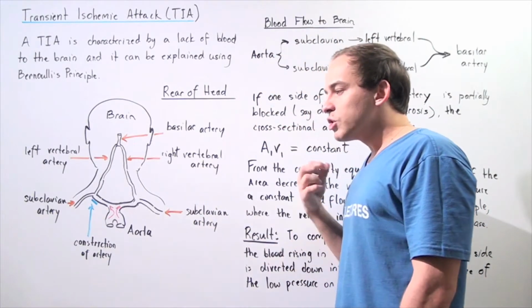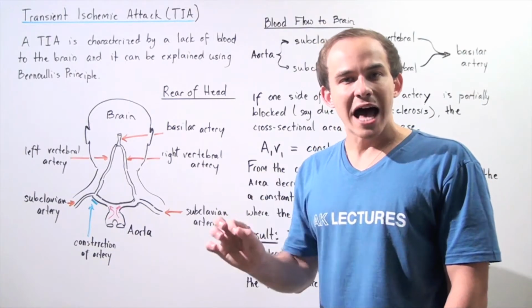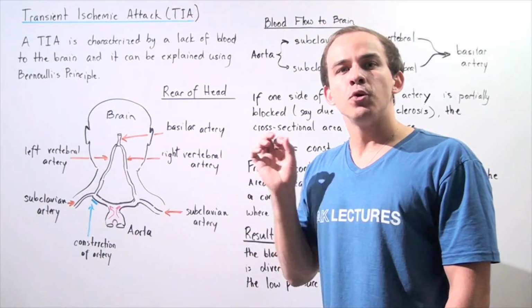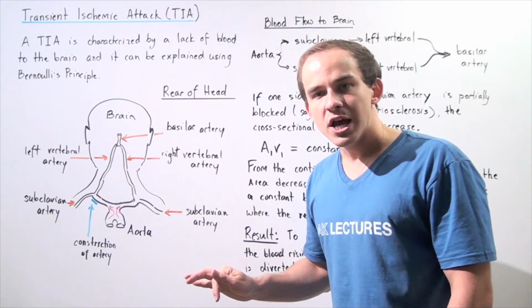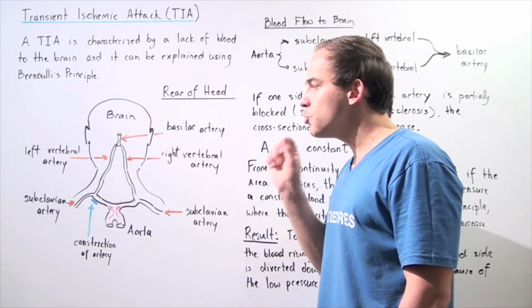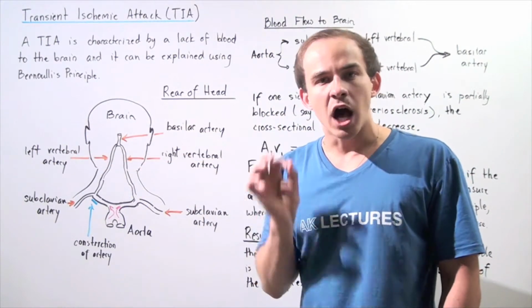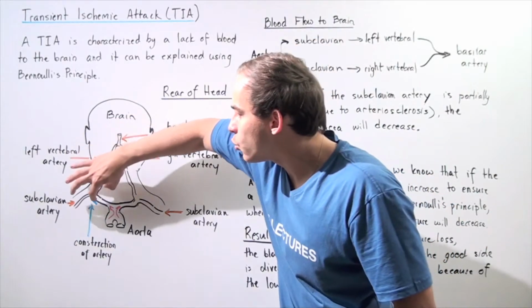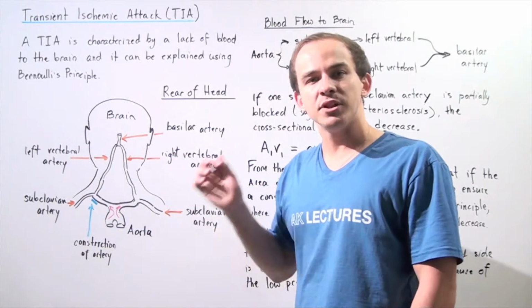Now, recall that Bernoulli's principle states that where the velocity increases, the pressure within that blood vessel must decrease. So that means, according to Bernoulli's principle, we have a decrease in blood pressure taking place within this region where our constriction is taking place.